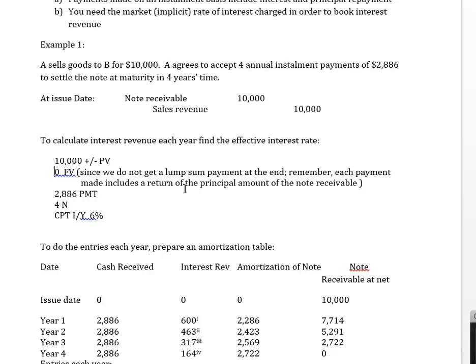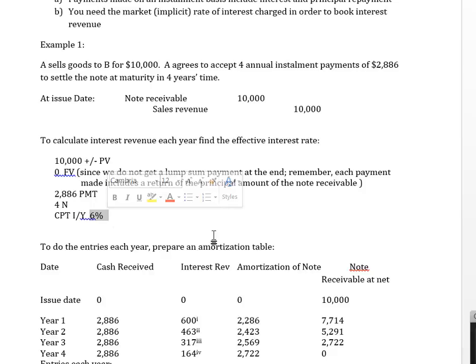In this case, every payment that's made is going to include a return of the principal on the note. So our future value is going to be 0. The payment is going to be an inflow, so we just put it in as 2,886 PMT. The number of payments we get is 4. So if we compute I/Y, we get 6%.